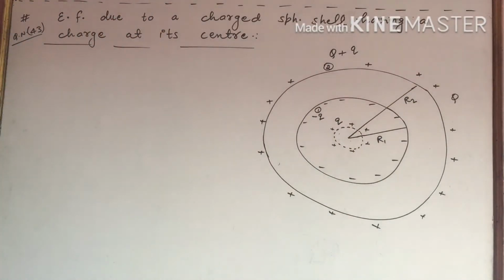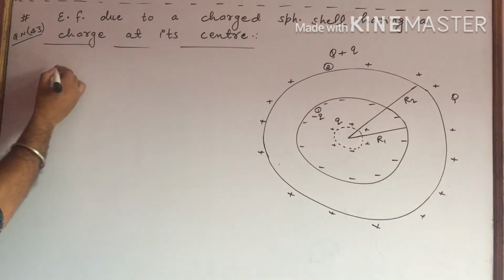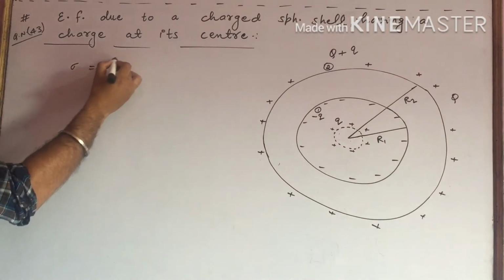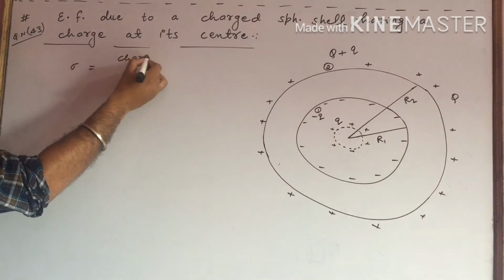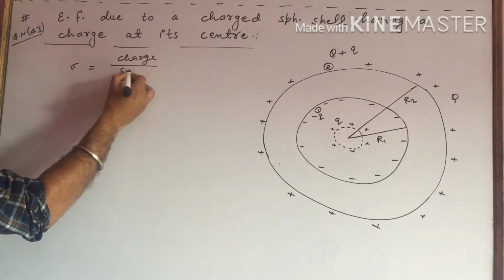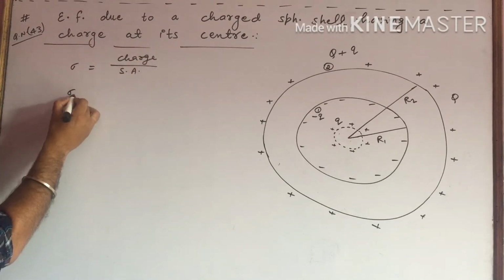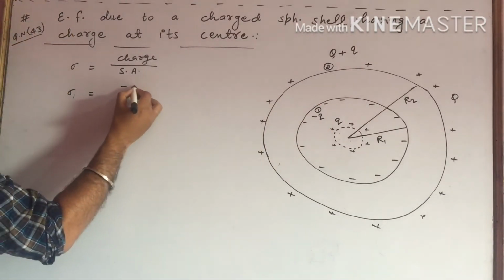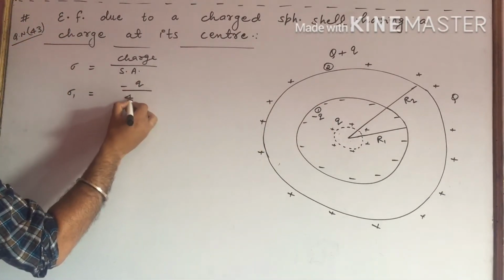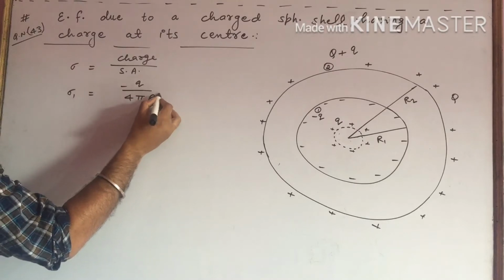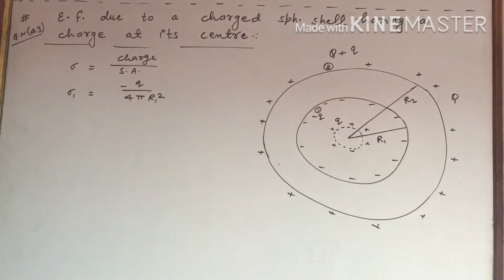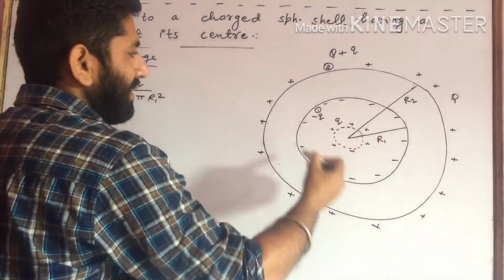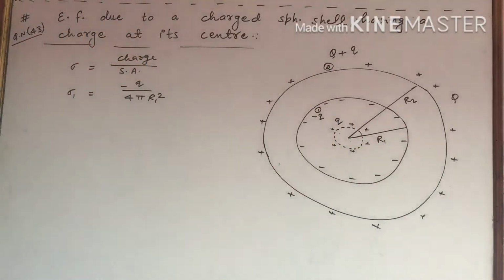So now we can easily find out the surface charge densities, because surface charge density is charge upon surface area. The inner surface has a charge minus q, and its surface area will be 4 pi r1 square. So this will be the surface charge density of the inner surface.